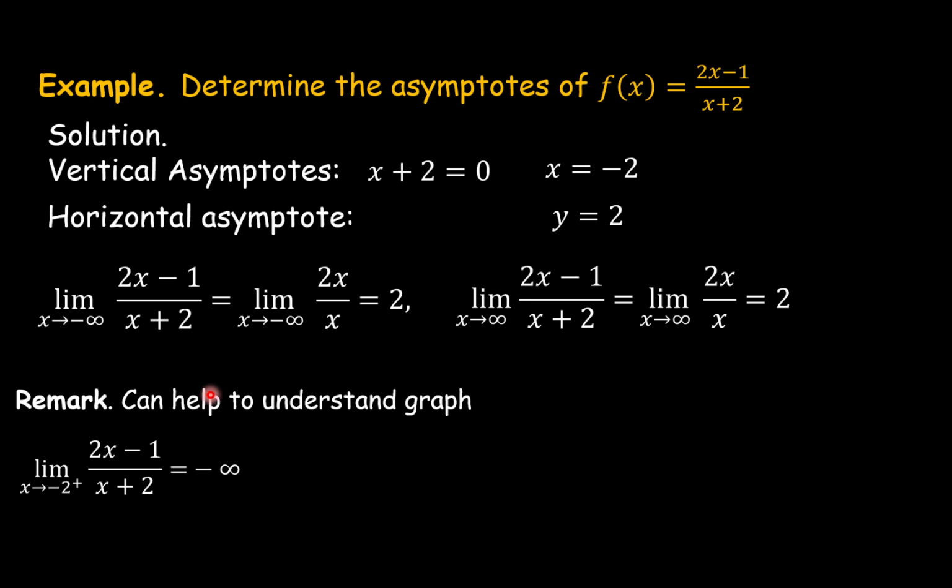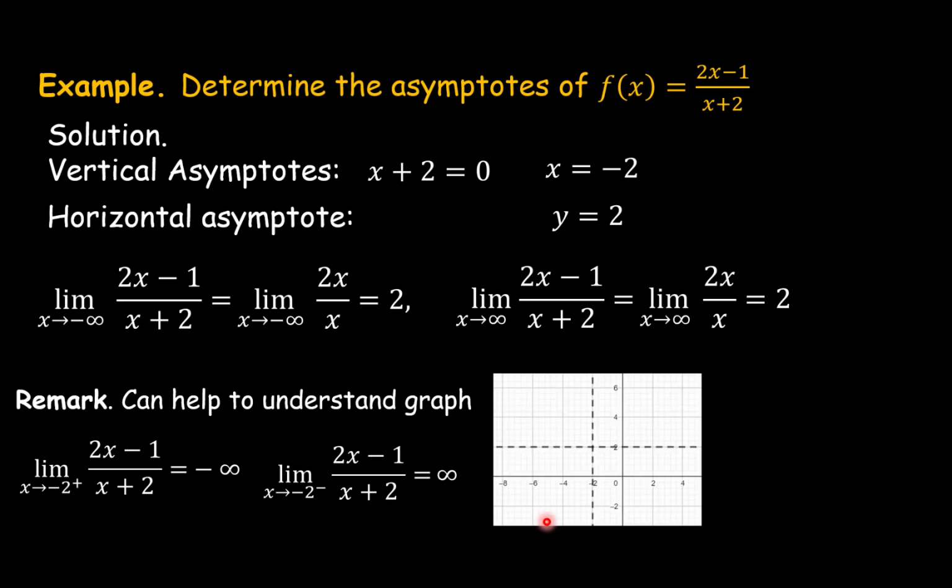The limit from the right should be equal to minus infinity because the top goes to 2 times minus 2 minus 1, which is minus 5, so it's negative. The bottom is positive. It goes to 0, but it's positive, so it should be minus infinity. And the same argument shows the limit from the left should be positive infinity.